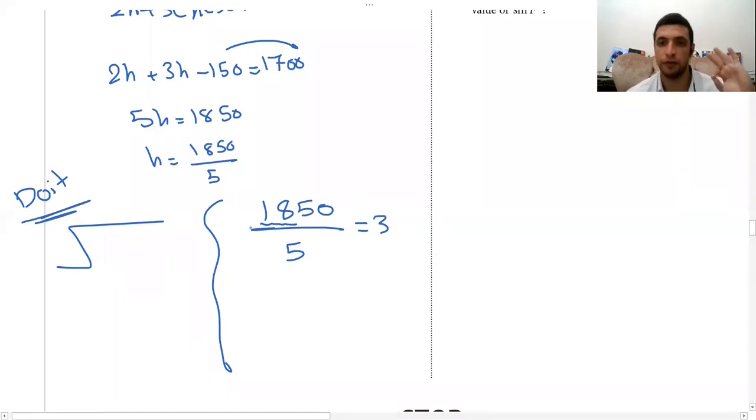What I'm going to do with this 3, I'm going to put it here. So it's going to be 35, and 0. The remainder, 35 over 5, which is 7, and 0. I will put it as it is.